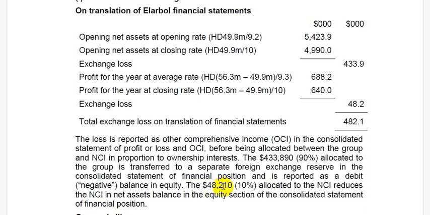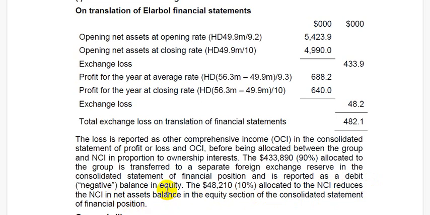The 10%, which works out to 48,210, is allocated to the NCI and reduces the NCI in net assets balance in the equity section of the consolidated statement of financial position.